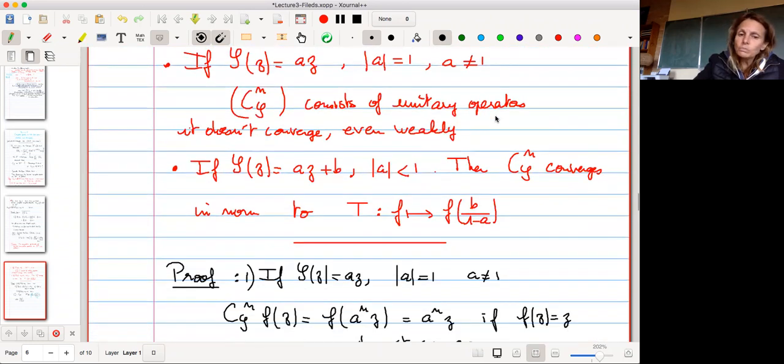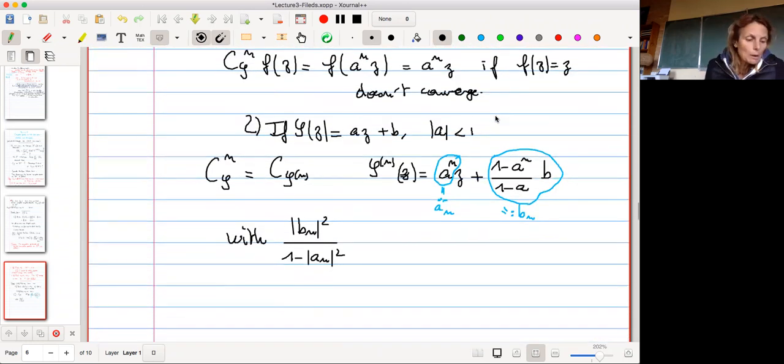It's easy. And you see, because of the expression you have and the fact that the modulus of a is less than 1, an tends to 0, and bn square tends to b square over 1 minus a square. So it's power bounded.